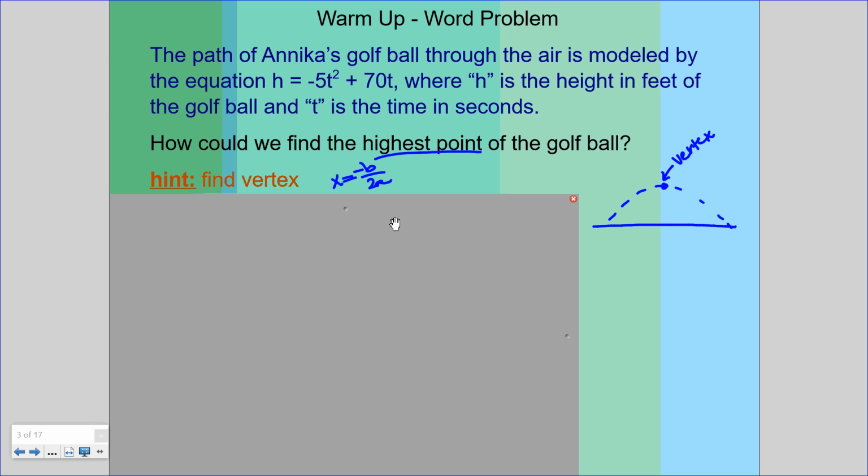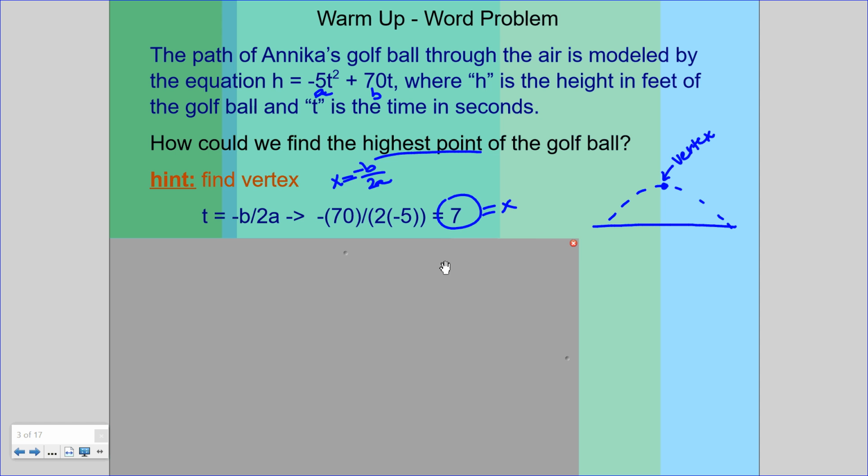That gives us the x, and then you could solve for the y. Here a is negative 5, and b is 70. So negative 70 over 2 times negative 5 gives you x of 7, and then you could find the y by replacing each x with 7 and solving for y.